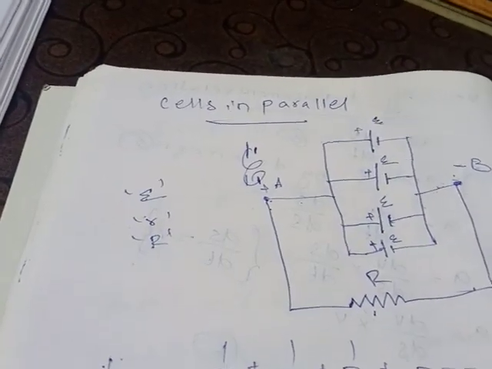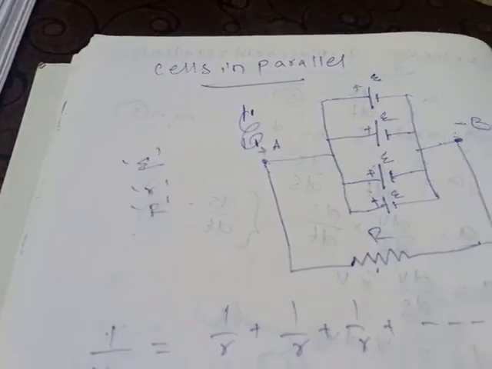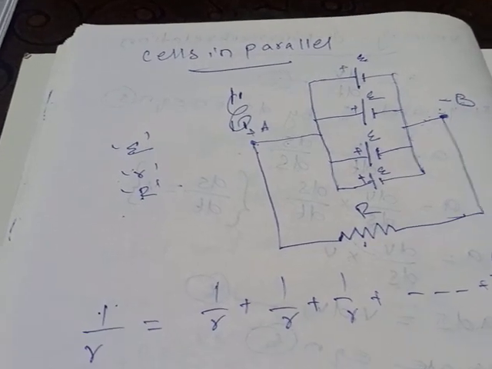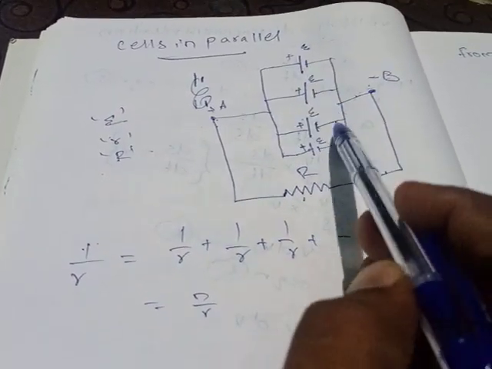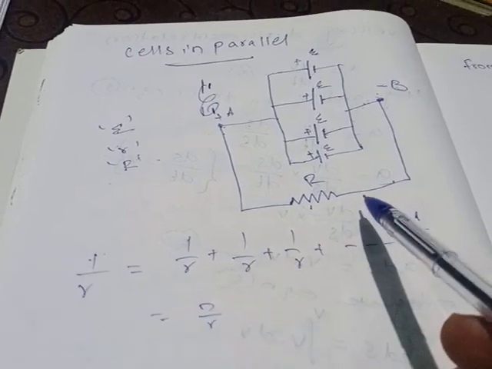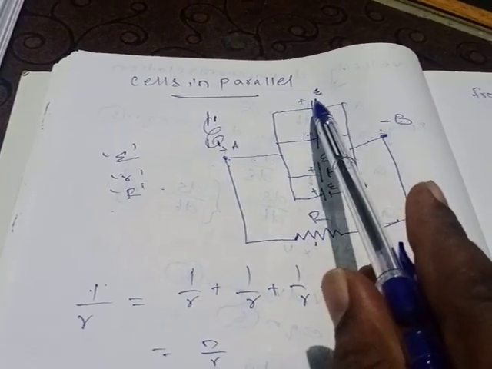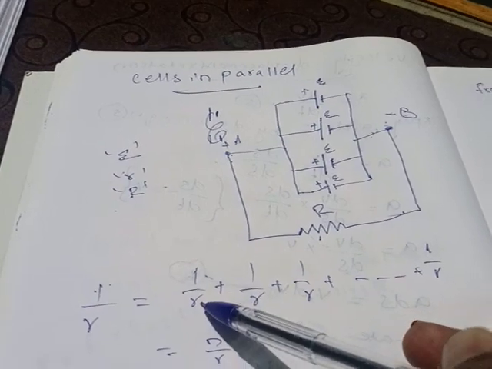So you can write this formula as n times 1 by r. Here you see many cells are connected in parallel, so each cell has its resistance r.